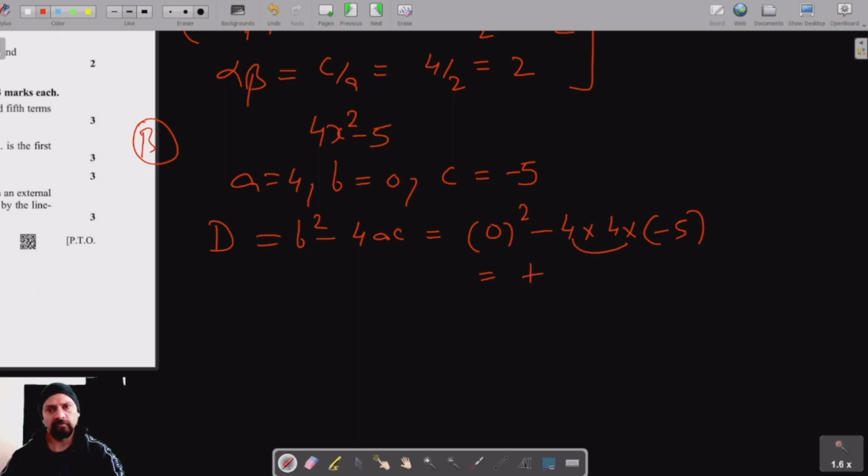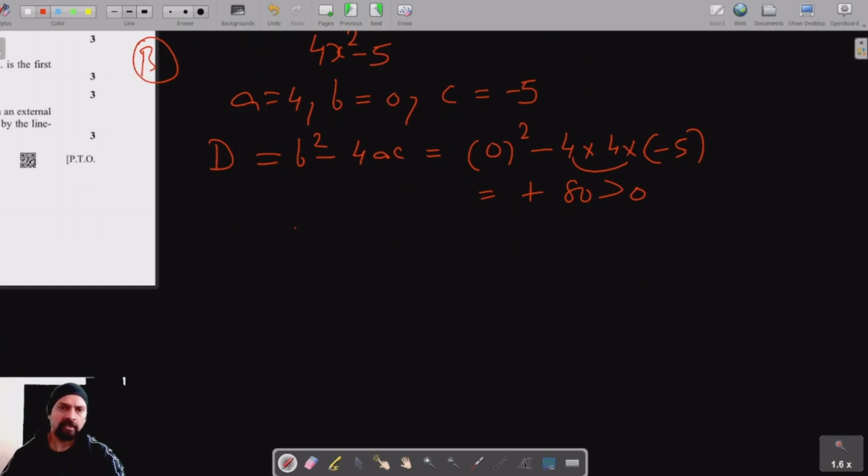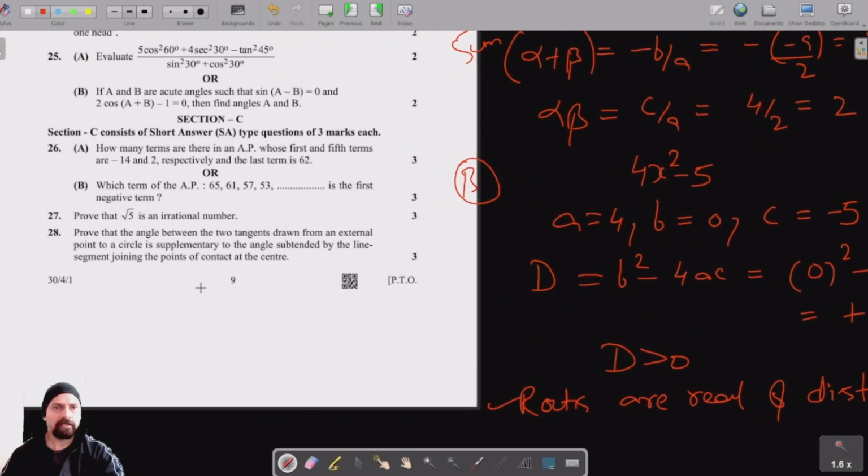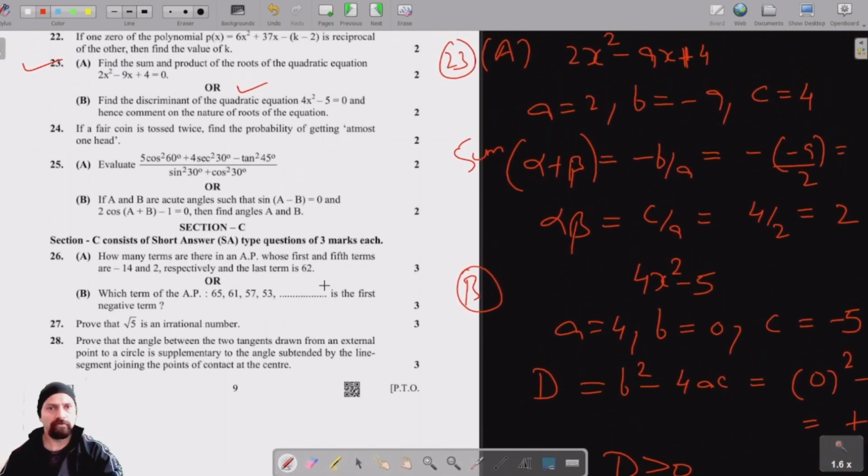So this is plus 4, 4, 16, and 16 into 5 is 80, which is greater than 0. And we know that when D is greater than 0, the roots are real and distinct. So the roots are real and distinct. And let's move on to question number 24.